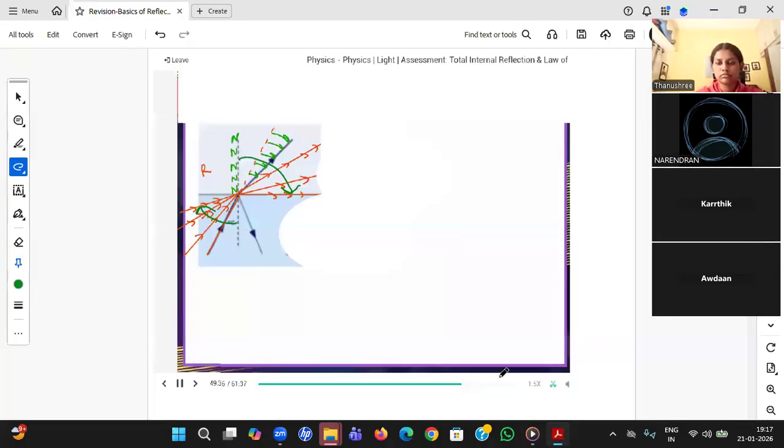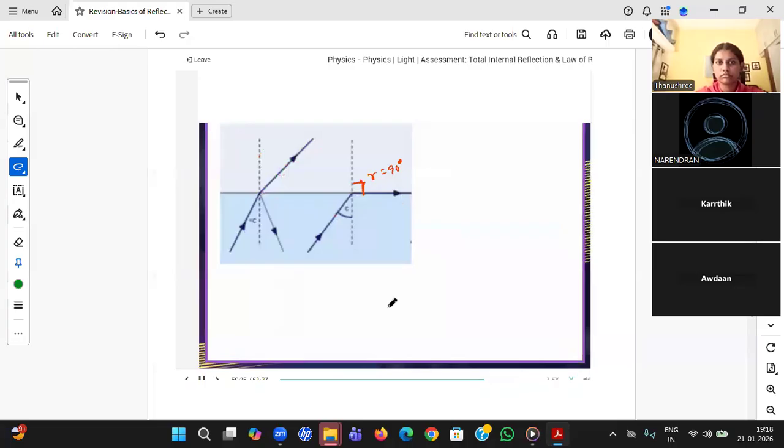That is nothing but the critical angle. You see, at first the angle of incidence, it bent away from the normal. That is fine. But if I still increase this angle, the refracted ray touches the surface, grazing the surface. At that time, that angle of incidence I, I'll call it angle C, the critical angle.